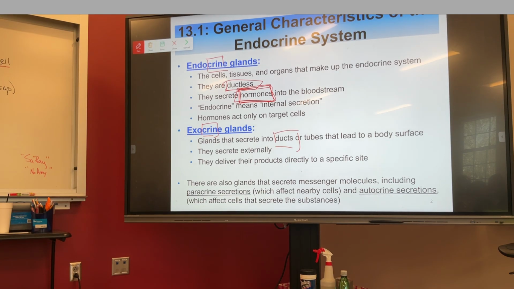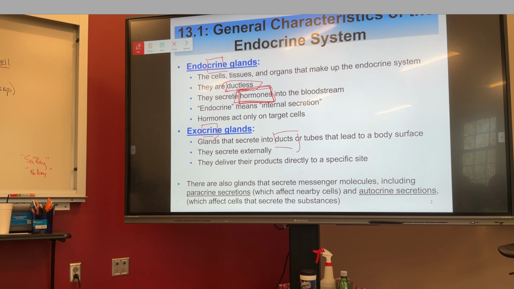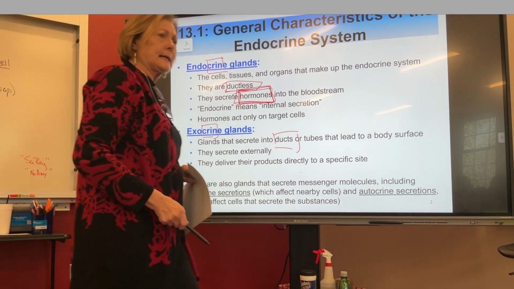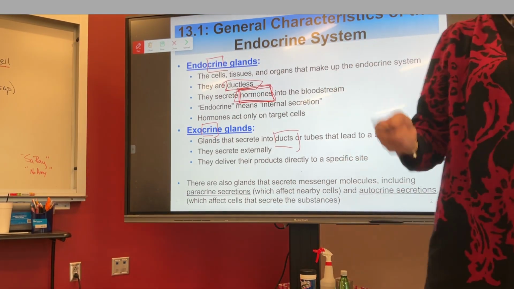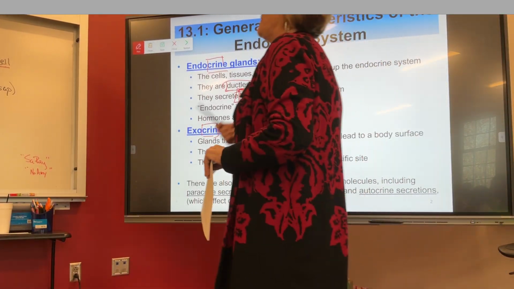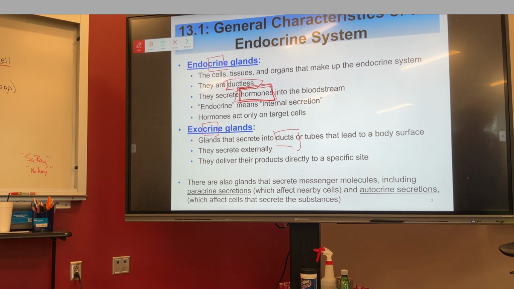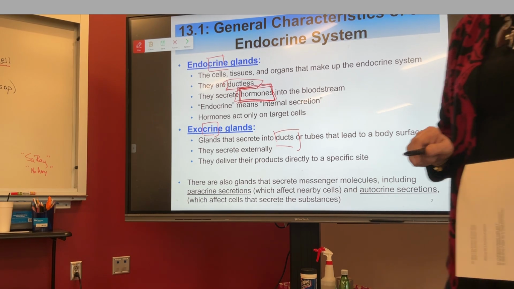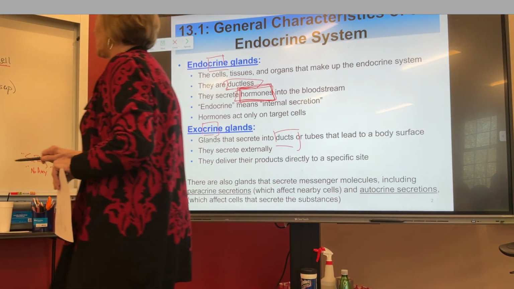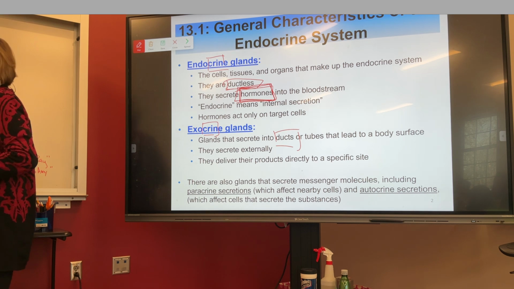A hormone is a substance secreted by a gland, endocrine gland actually, that travels through the bloodstream. All hormones, by definition, travel through the bloodstream.